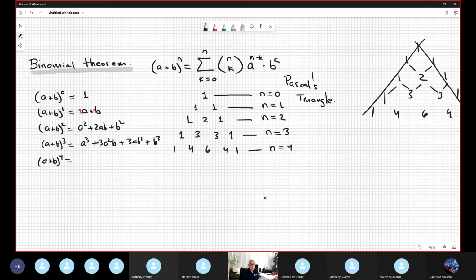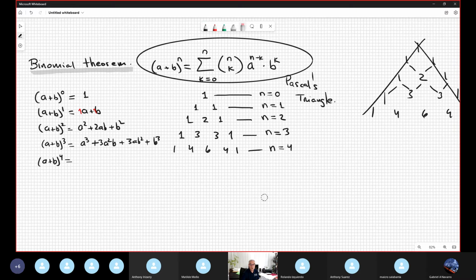Okay. How many terms, and what is the exponent? Suppose in n equal 1 you have a binomial, in 2 we have a trinomial, in 3 we have 4 terms, so I suppose in 4 we have 5. And according to the Newton formula, look at that. The summation notation goes from 0 to m.